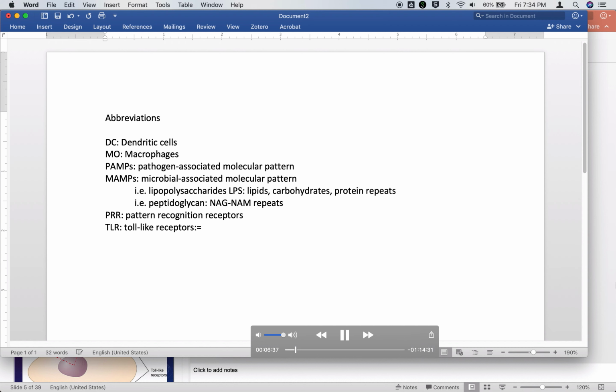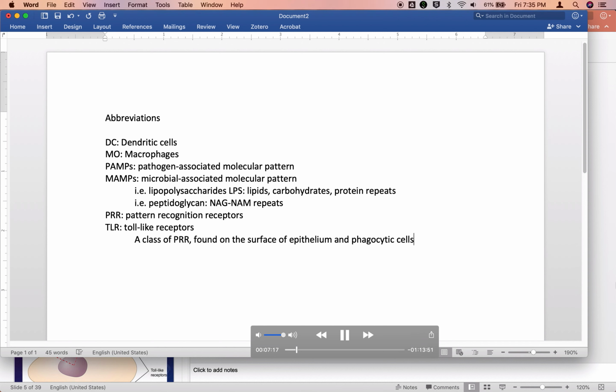All right, so what are toll-like receptors? Well, again, they're a class of PRRs, or pattern recognition receptors, and they are found on the surface of our epithelia and phagocytic cells. So we talked about this on Thursday, that whole layer of cells that separates the outside from the inside of our body is exposed to all kinds of environmental stuff, including bacteria and viruses, and normally they're protected with mucus.